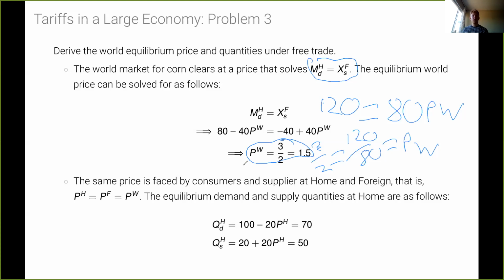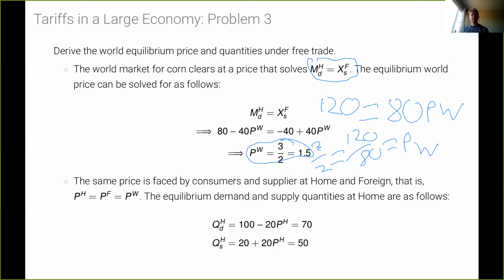And so the world price here is going to be 3/2 or 1.5. Then what we want to figure out is all of the quantities that home consumes and home imports. Let's note that the same price is faced by consumers and suppliers of both home and foreign. This is just the world price.